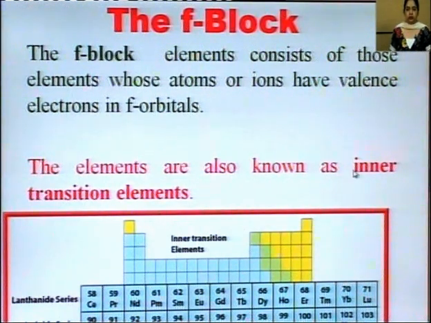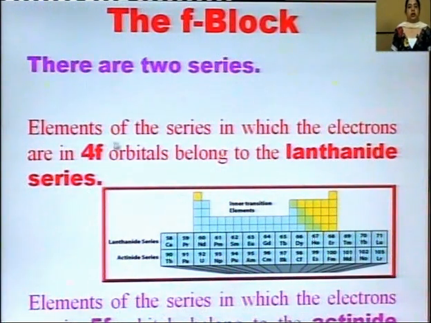They are also known as inner transition elements. There are two series. First, elements of the series in which the electrons are in 4f orbitals belong to the Lanthanide series.